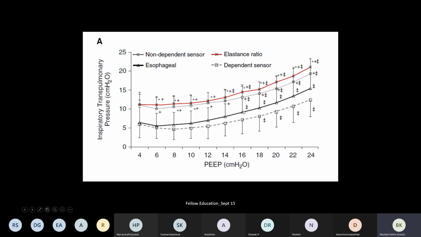If we compare that value to the esophageal balloon manometry, then they are pretty similar, a little bit different, but pretty similar, which suggests that esophageal balloon manometry probably gives a value very close to the dependent lung, which makes sense because the esophagus is in the posterior part, so it probably measures the dependent part of the lung.